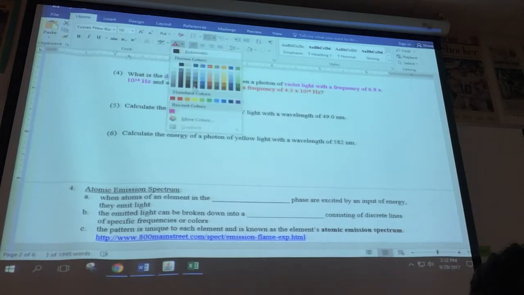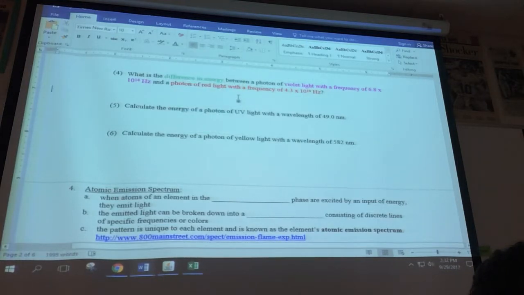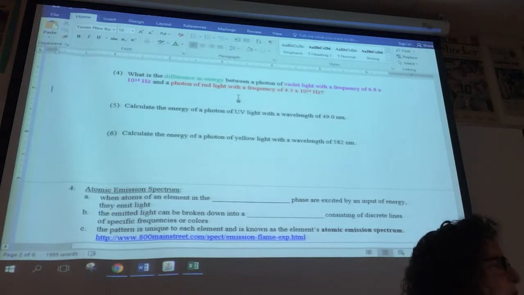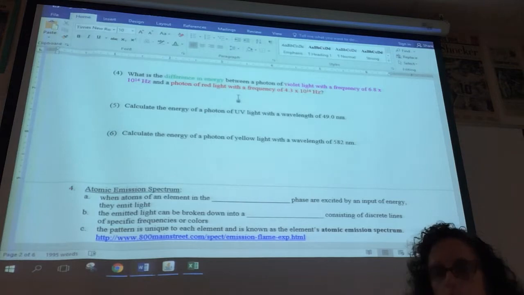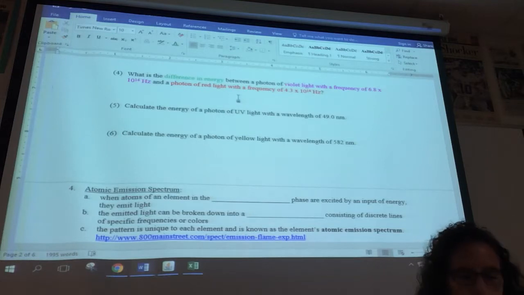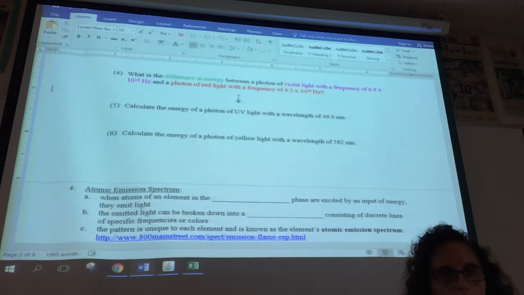So we're looking for the difference in energy between these two photons. How would we go about determining that? Exactly. You find the energy of each one and then you subtract the two.